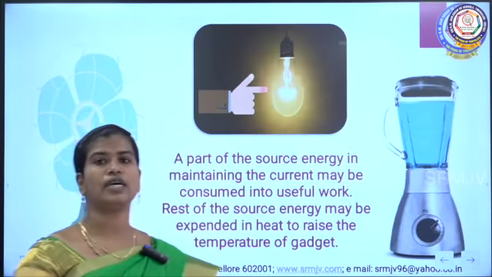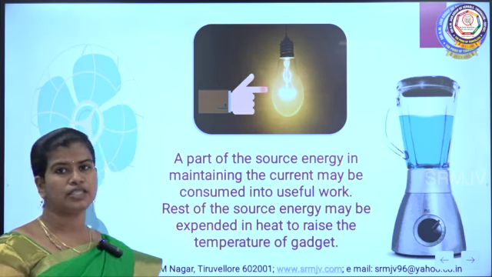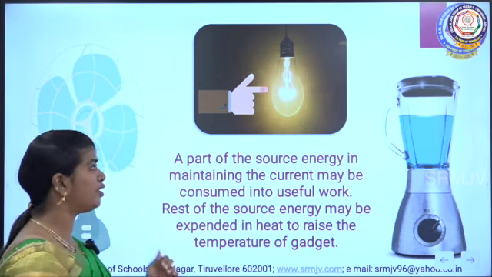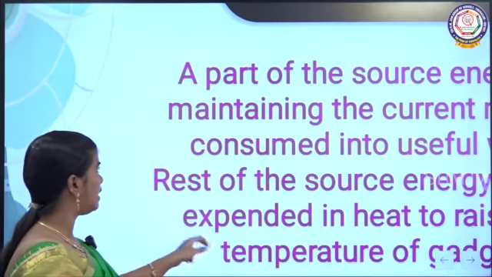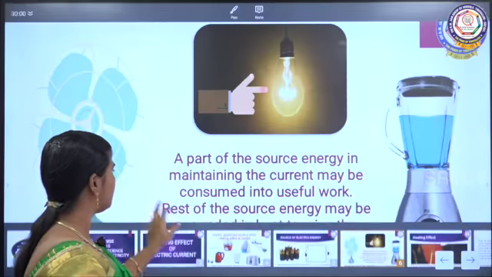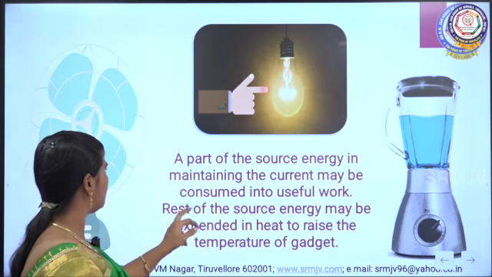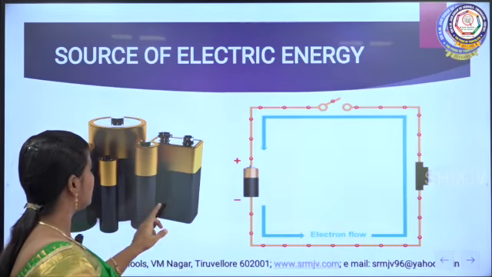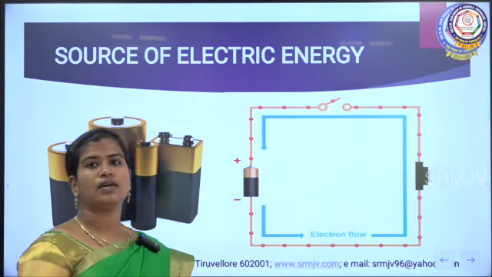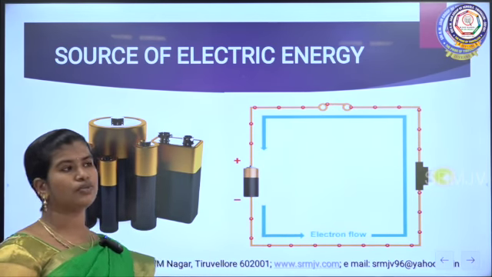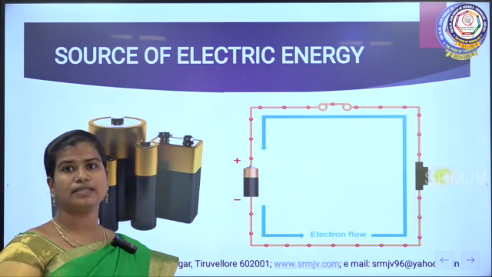We all know that the source of energy in a circuit is a battery, or otherwise a cell. The cell is the source of electric energy in a circuit. What is happening inside the cell?